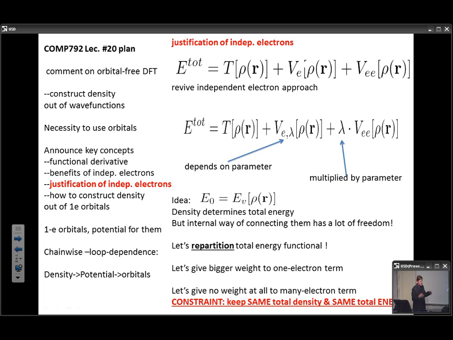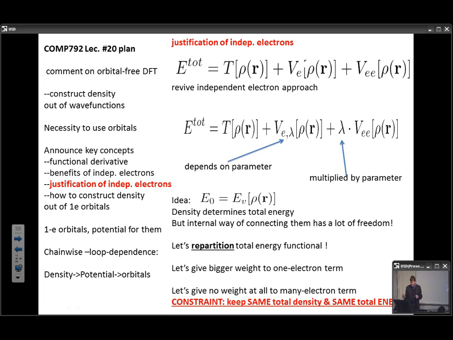So the theorems claim that for a given density, one has a given total energy. So this is accepted. But the way how they are connected leaves us some degree of freedom. We can vary the way how we connect density and energy, and even the way how we repartition the terms in the total energy functional can be tweaked.